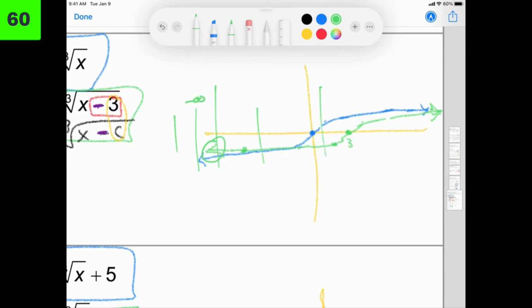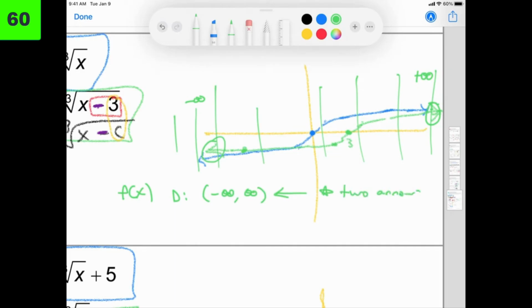And if you keep going, the last thing you're touching on the graph is the arrow, which is +infinity. So the domain for the f of x would be negative infinity to positive infinity. And remember, it's as easy as this, guys. This one's easy because it has two arrows, right? There's an arrow in green here and an arrow over here on the right-hand side.